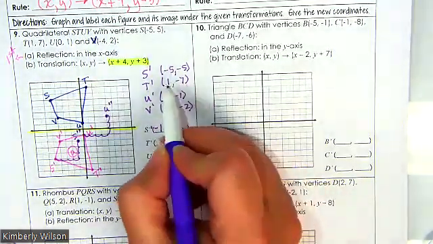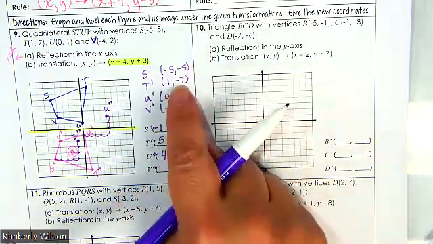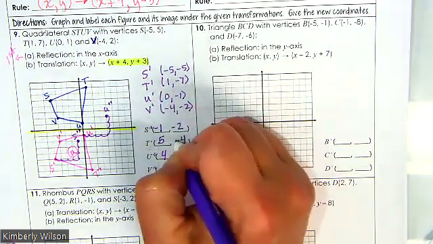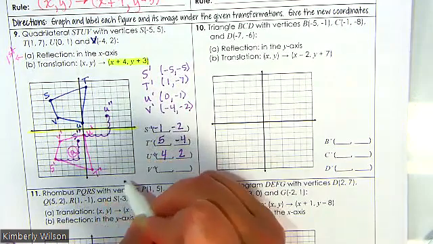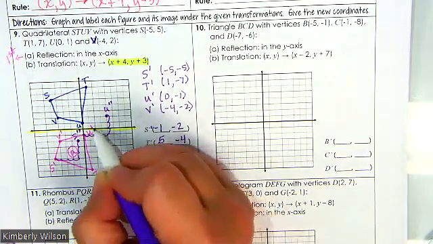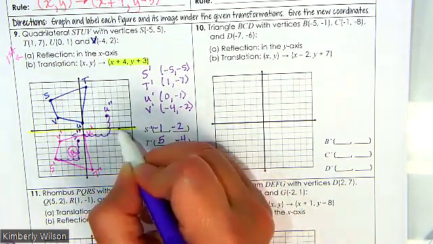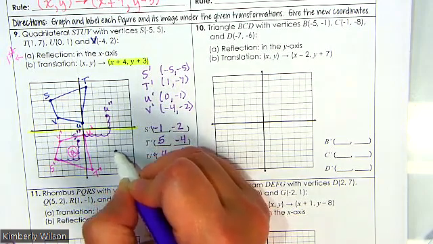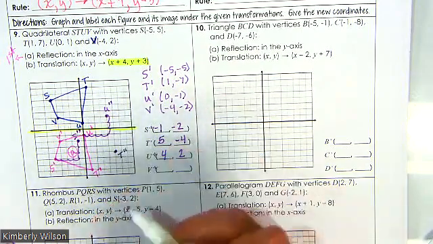So we have 1 plus 4, which is 5. -7 plus 3 is -4. And then when I would go to plot, I would see it would not be correct as well. So we have 5, -4. 4 over 3 up. So yep, T double prime.